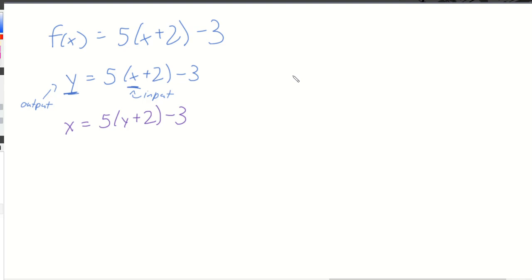So this is our original function, f of x, right? Now I changed f of x to y. This is an output. Now all I did was switch y and switch x. So switch the places. I know you don't know why. And then I want you to get y all by itself.